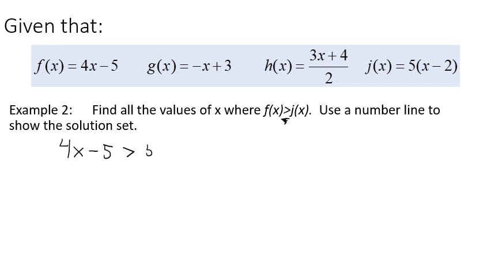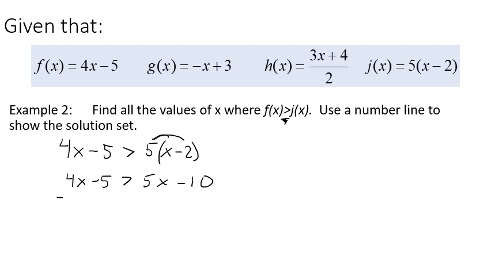And j of x is 5 times the difference of x and 2. And I'm going to do the same thing here. I want to solve for x. Well, on the left side, I still have 4x minus 5. It's greater than. Now I distribute: 5x minus 10.